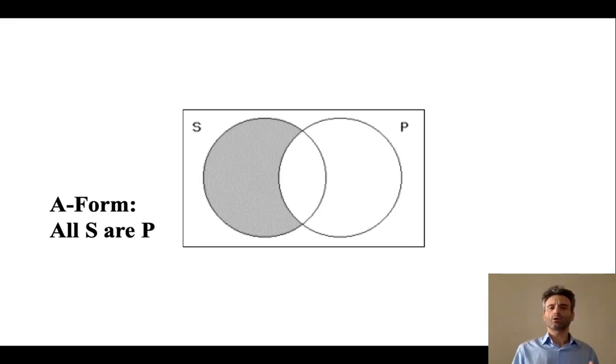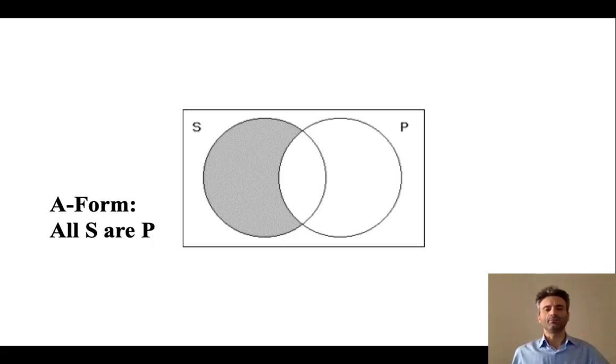But that's not what I want to say with the A form. My categorical statement in the A form says that all blonde people are cute things, beautiful things. Consequently, I have to eliminate all the blonde people that are not beautiful.